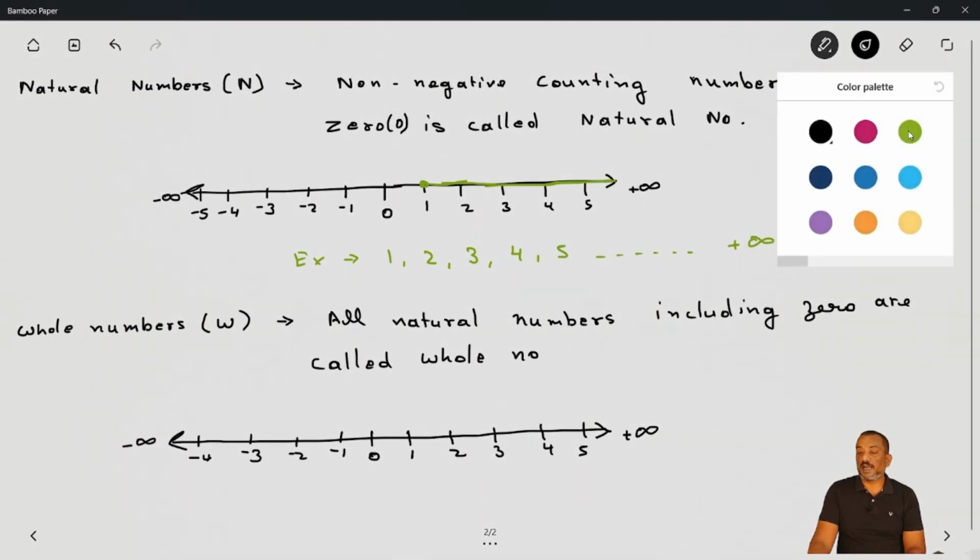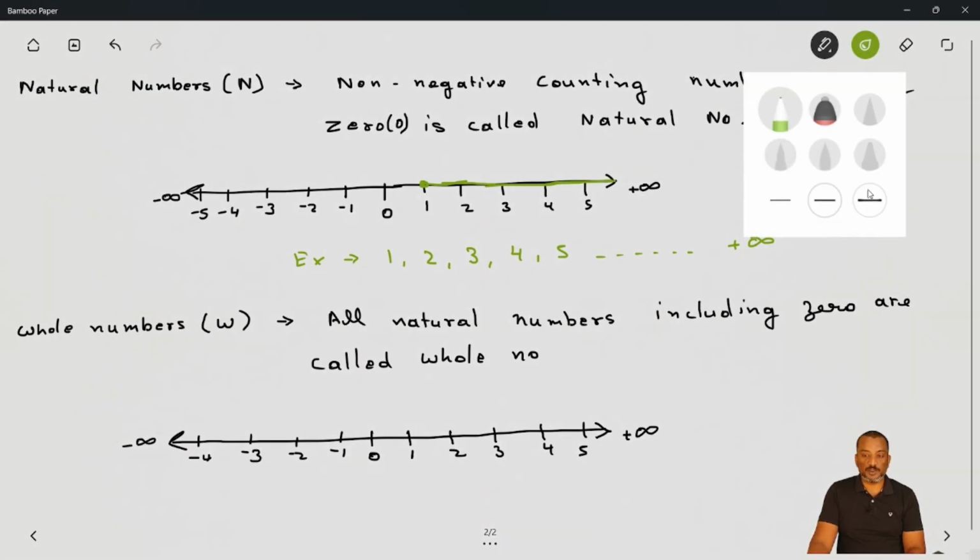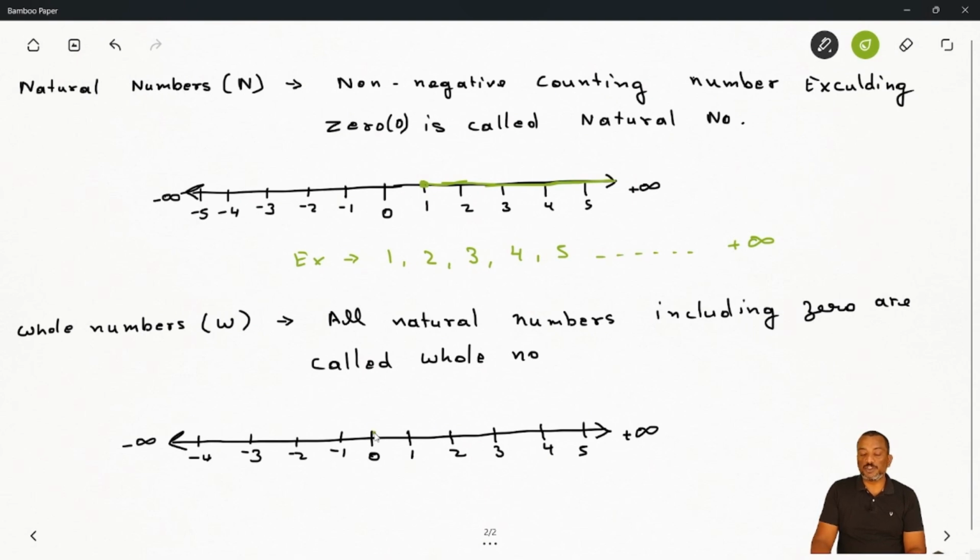So the numbers that start from 0 and go up to plus infinity are called whole numbers. ठीक है, so examples of whole numbers are 0, 1, 2, 3, 4, and it will go up to plus infinity.